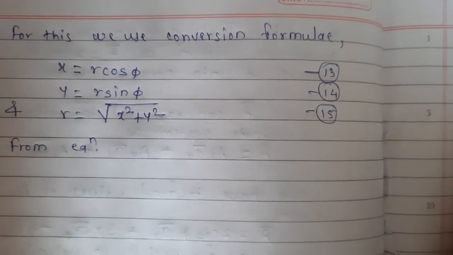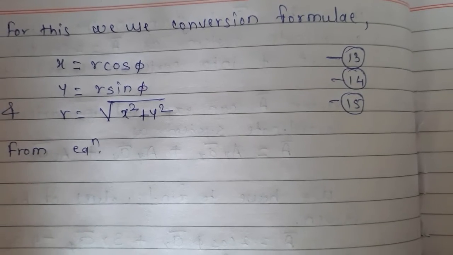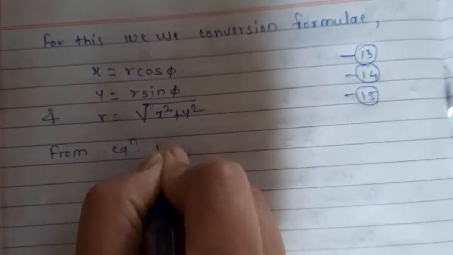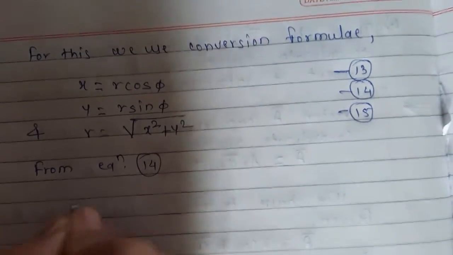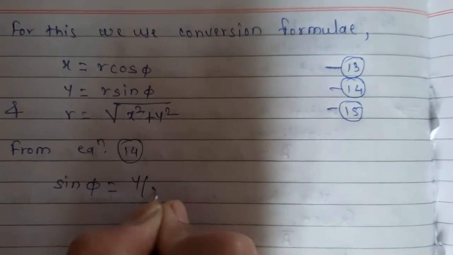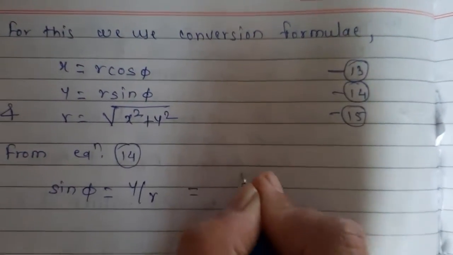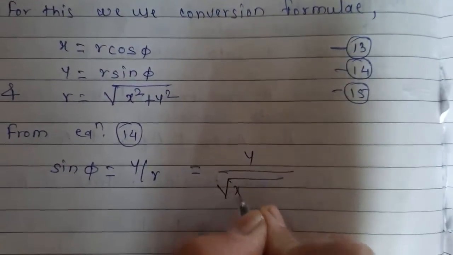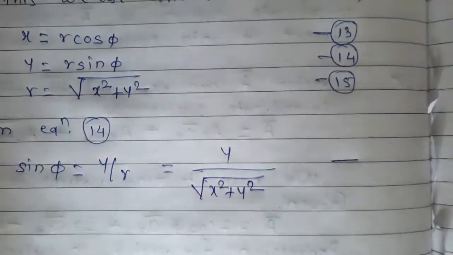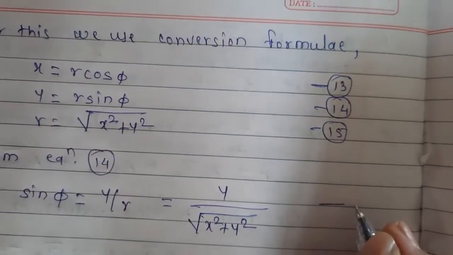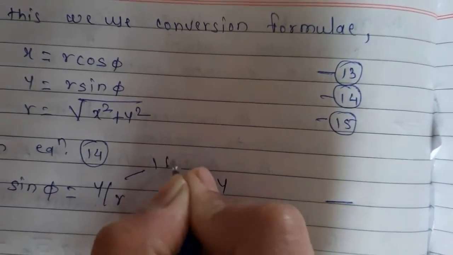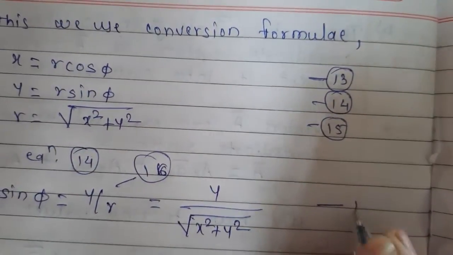So from equation 14 we get sin phi is equal to y by r. So y divided by the value of r, which is square root of x square plus y square. This is equation 16 and this is 17.